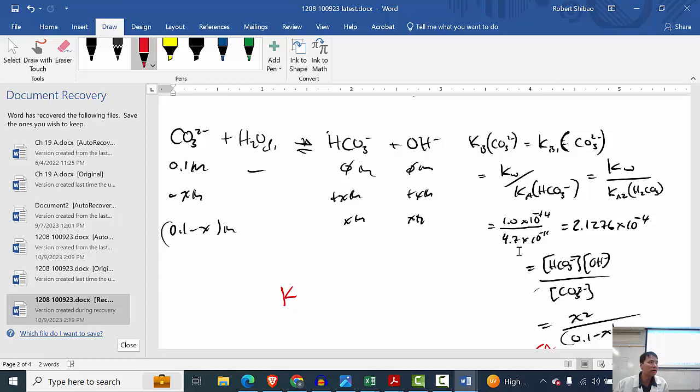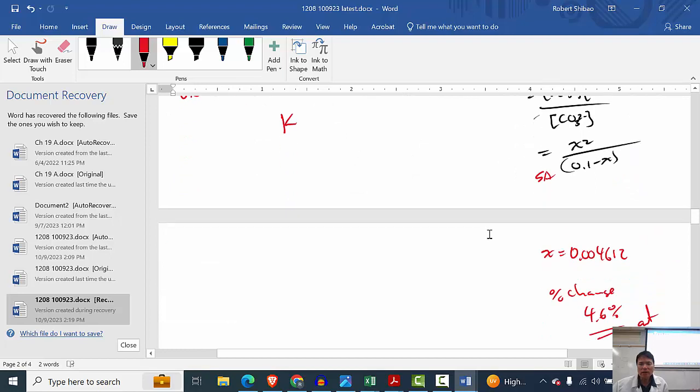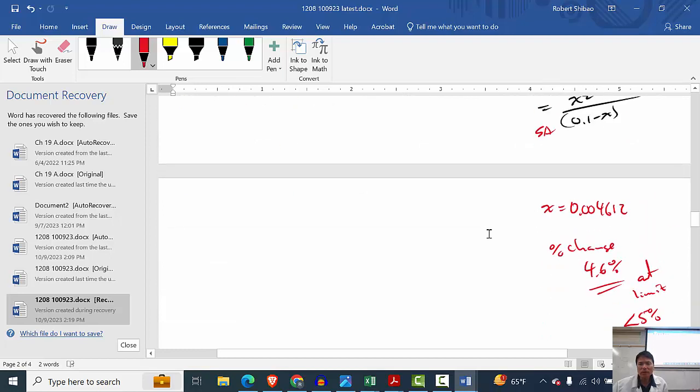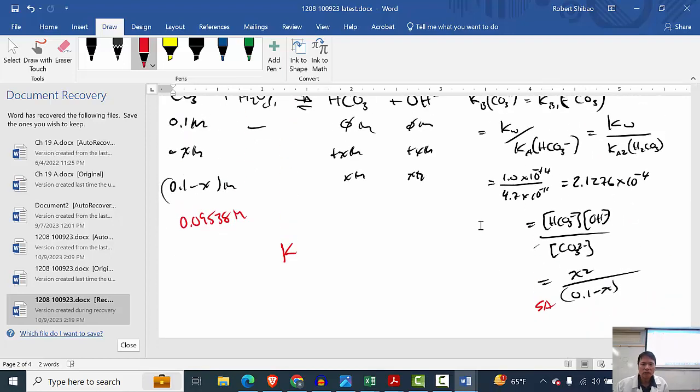What did you get for the concentration of carbonate after? 0.09538. And then the bicarbonate is just x, and the hydroxide is just x. 0.004612 molar.